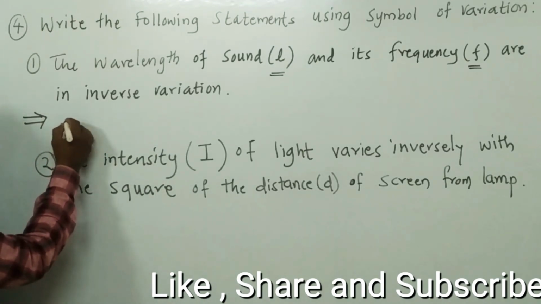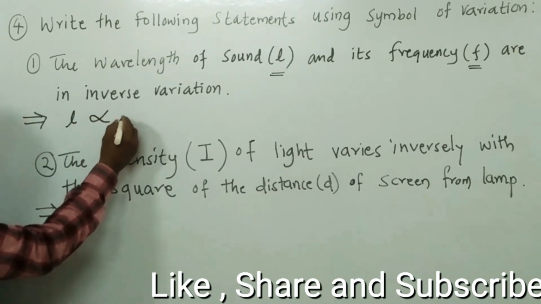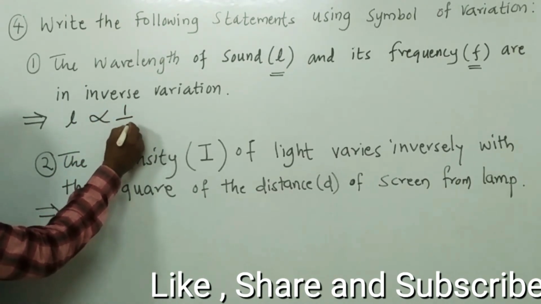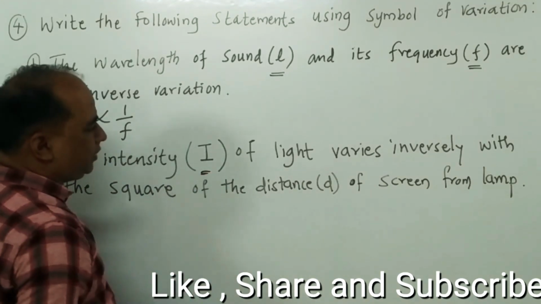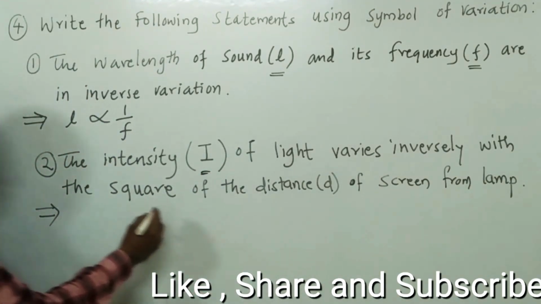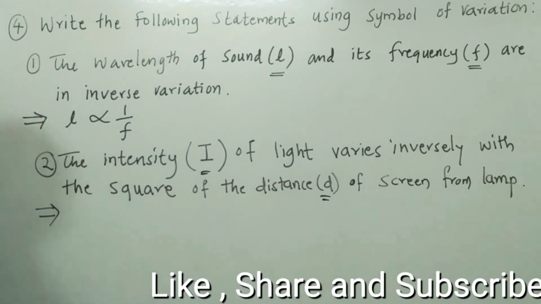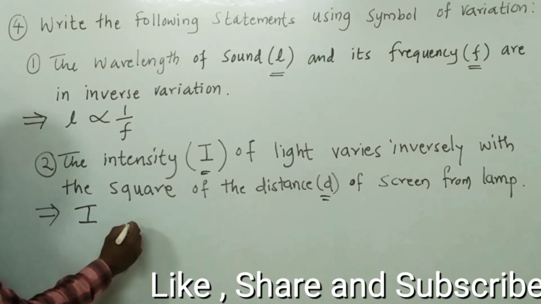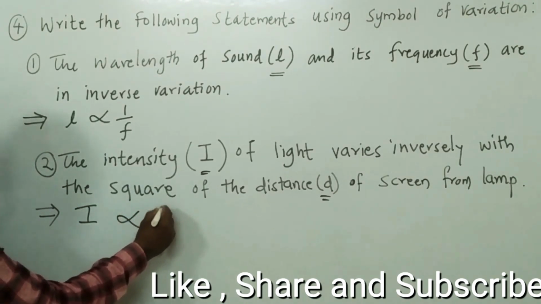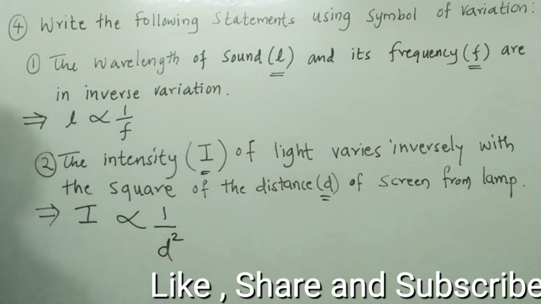So in symbolic form we can write wavelength of sound L is inversely proportional to 1 upon F. Second one, the intensity I of light varies inversely with the square of the distance of the screen from the lamp. So intensity I varies inversely to 1 upon d square of the distance, that is 1 upon d square.